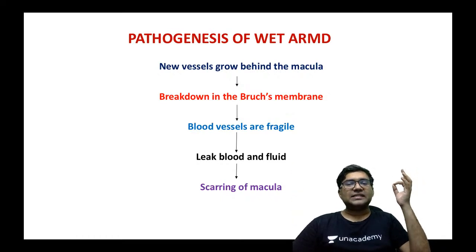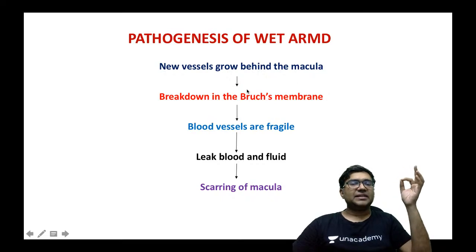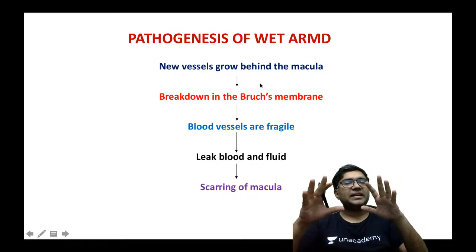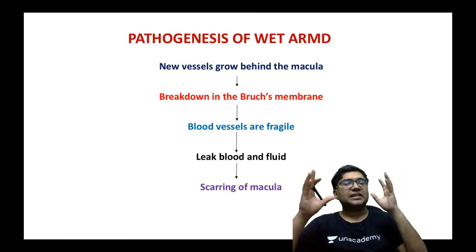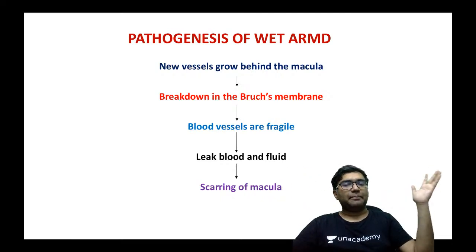So the new vessels grow behind the macula. They break the Bruch membrane. The Bruch membrane is the layer of the choroid which is in touch with the retinal pigment epithelium.